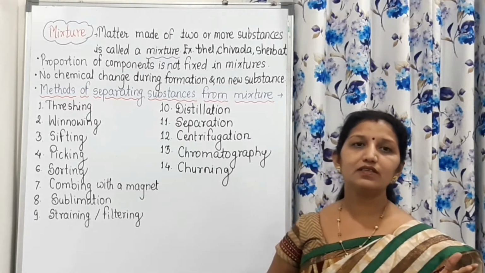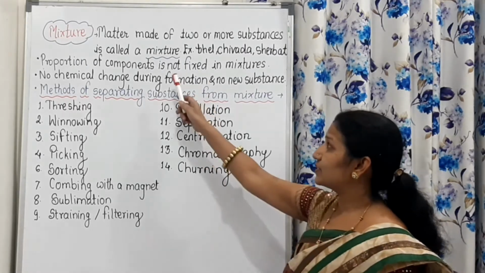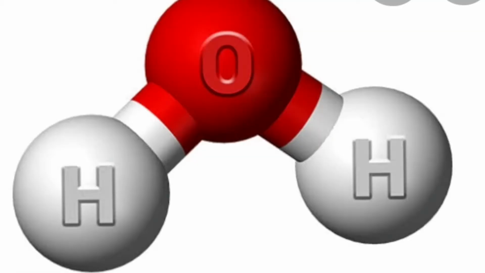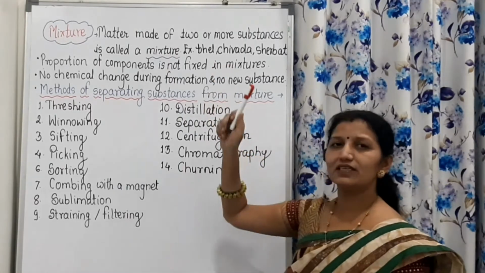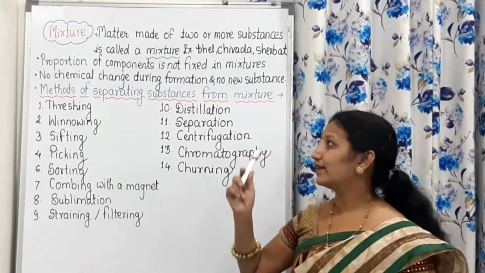Then hydrogen and oxygen combine to form H2O, that means water. There is a fixed proportion in compounds, 2 of hydrogen and 1 of oxygen. But in a mixture there is no fixed proportion. We can use more or less.